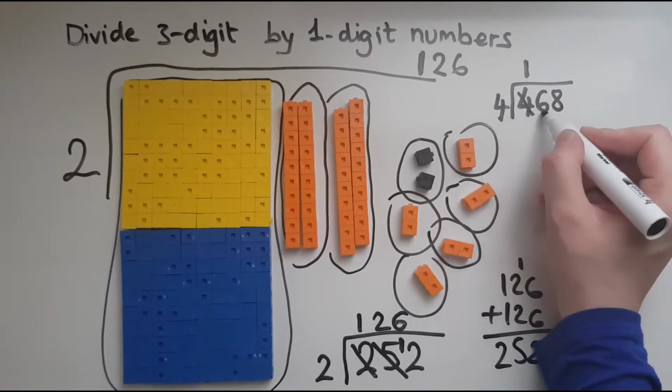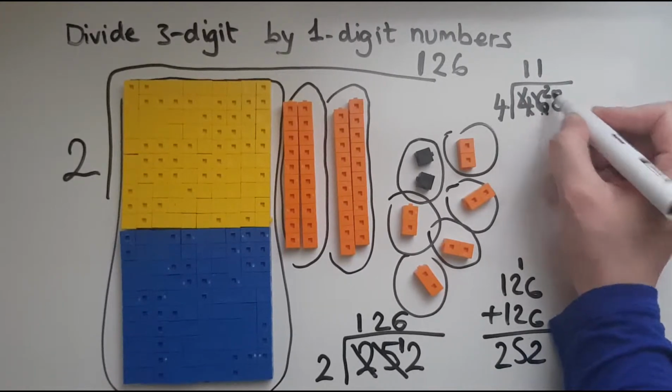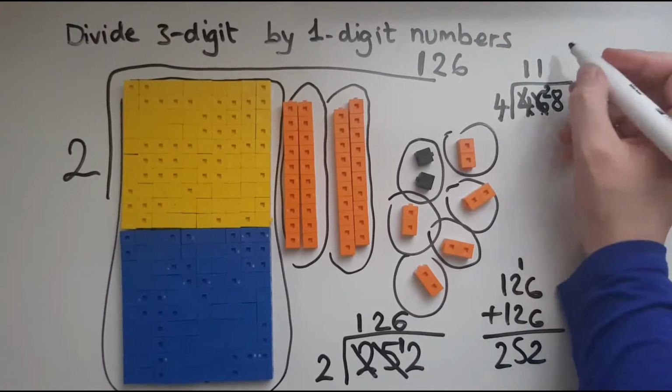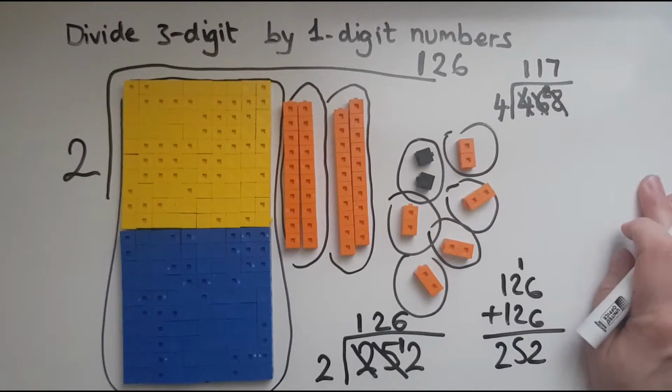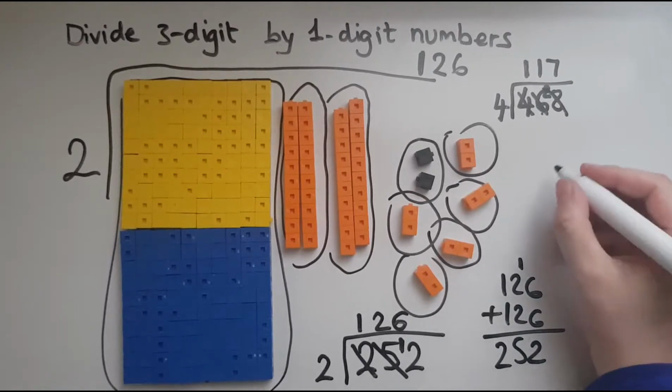How many 4's fit into 6? That's just 1, but there are 2 remaining. So now 4's into 28, and that is 7 of them. Finally, there isn't anything remaining. So 468 divided by 4 gives 117.